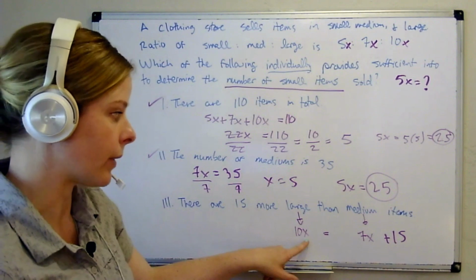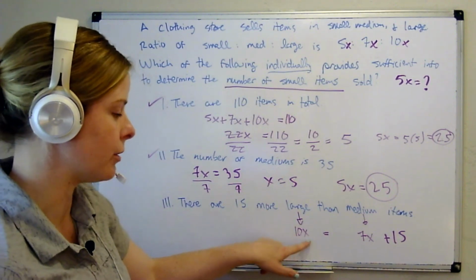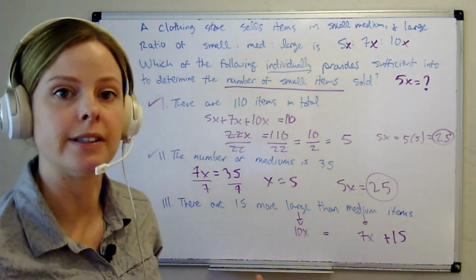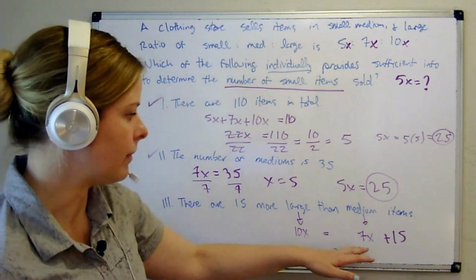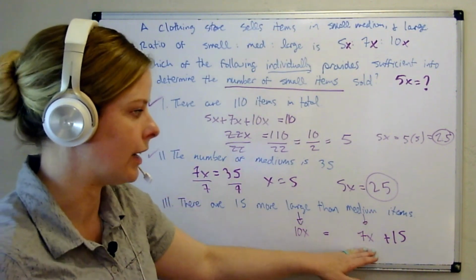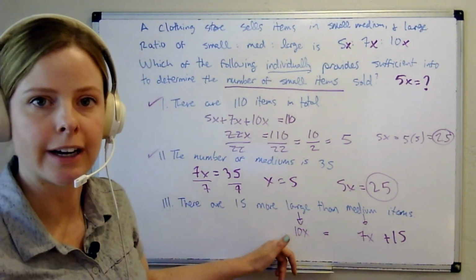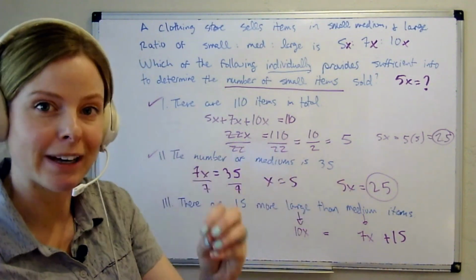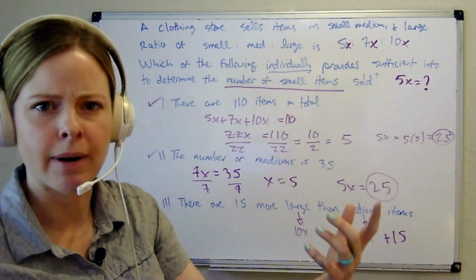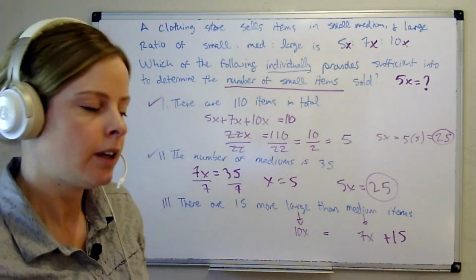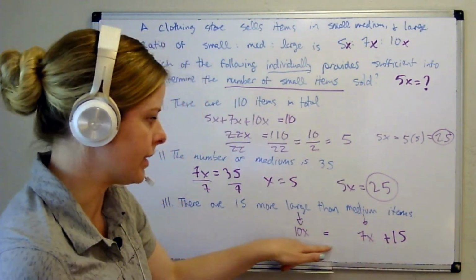Don't know what it is right off the bat, but it's going to be a positive number, so 10x is going to be the bigger number than 7x. So I'm taking my 7x, my smaller of the two, and I'm adding something to it, and then at the end of the day, it results in my bigger number, right? It would not make sense to do the opposite, have my big number, and then add more on top, and somehow that's supposed to equal the smaller number. So logically, it makes sense that it would be set up this way.